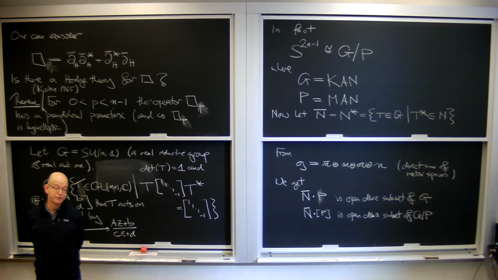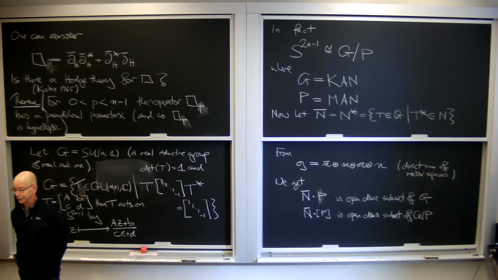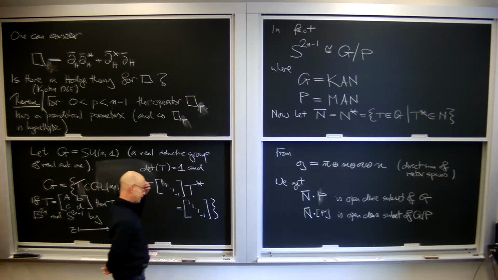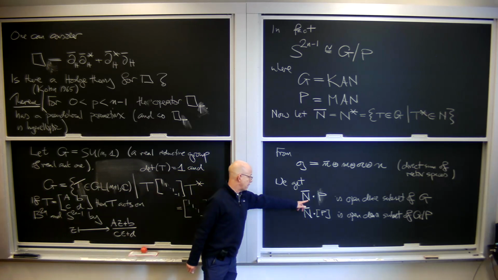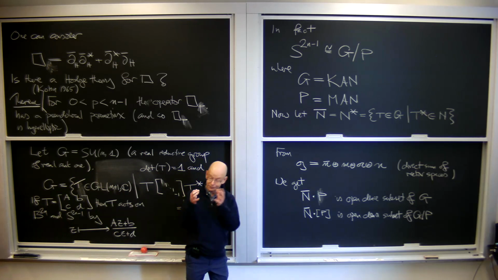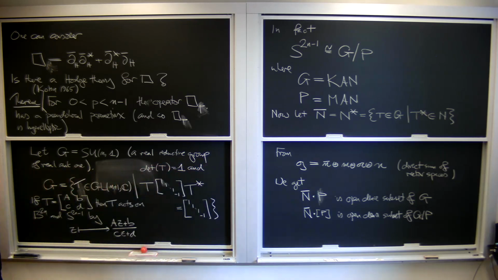It looks like a point at infinity plus a copy of C. So there's a part that just looks like a copy of C, and then there's a point at infinity, and that's kind of what we're talking about here. There's a part which looks like a Euclidean space, a three-dimensional manifold, diffeomorphic to R3. That's the n bar part, and then the rest is some other thing that we don't particularly care about here.